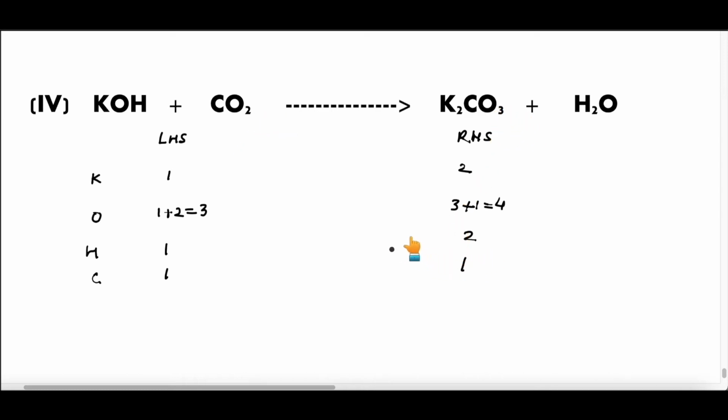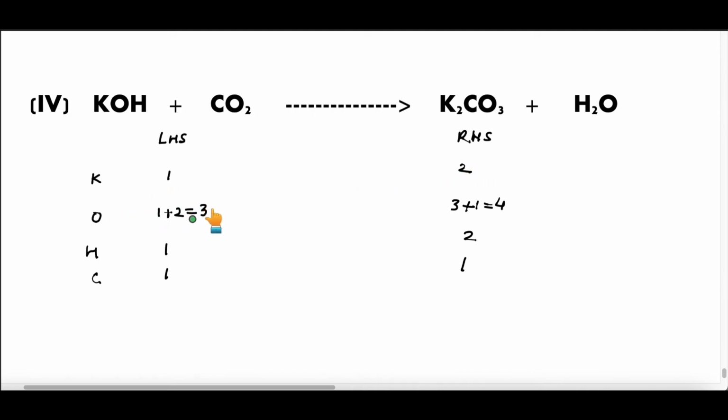Now in order to balance this, we will follow the step which says that balancing should be started with the element which has the maximum number of atoms on any of the sides. So when we observe this, it is seen that we have 1 atom of potassium on the reactant side and 2 atoms of potassium on the product side.